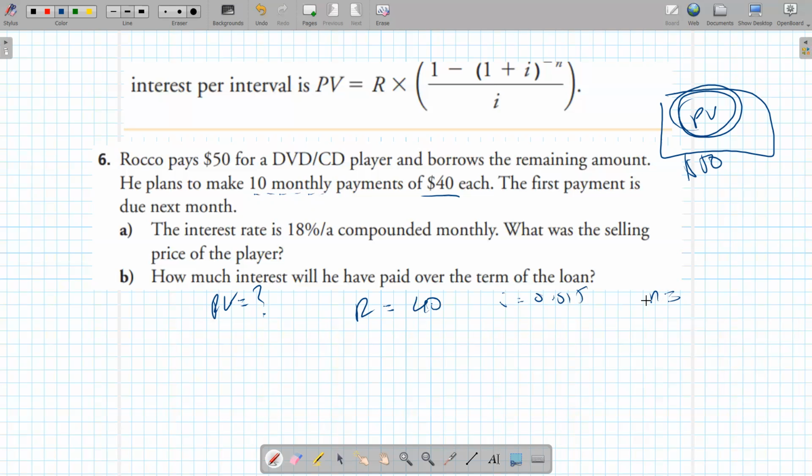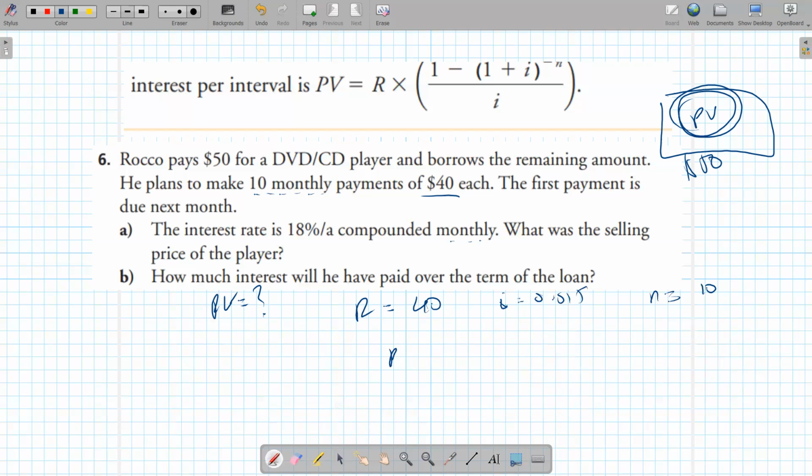So N is going to be 10. It doesn't say 10 years, it says 10 months, and we know this is being compounded monthly, so N is 10. N is the number of compounding periods. If you want, you can also convert 10 months into years by first dividing by 12, and then you multiply this by 12 because it's compounded monthly. They cancel out. N is 10 here, okay?